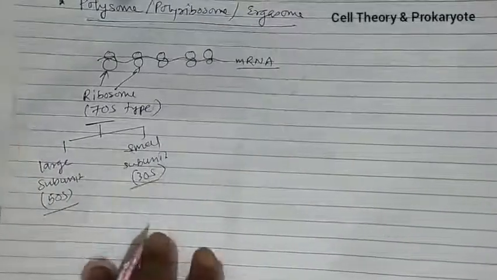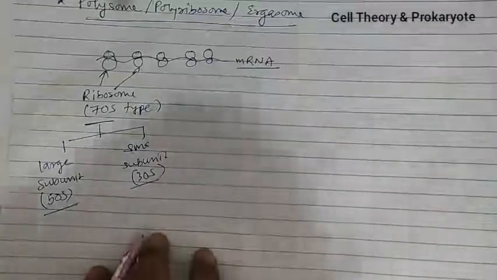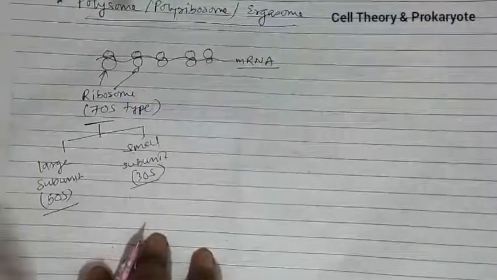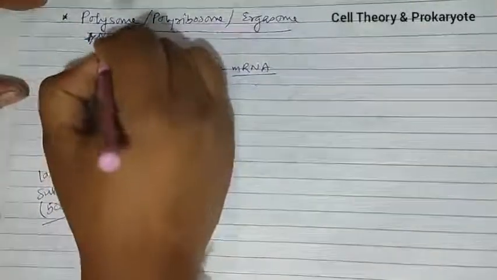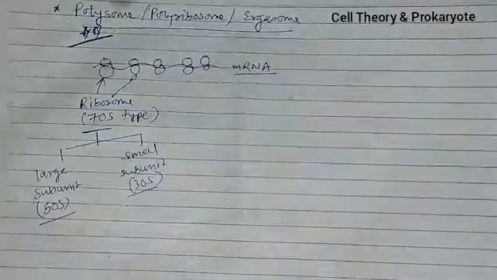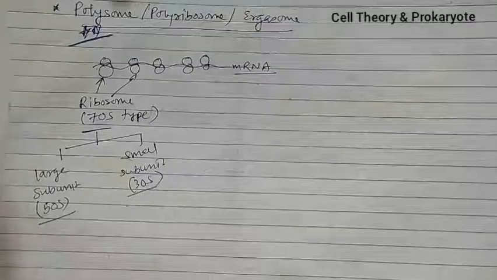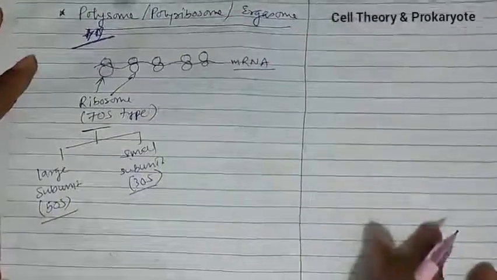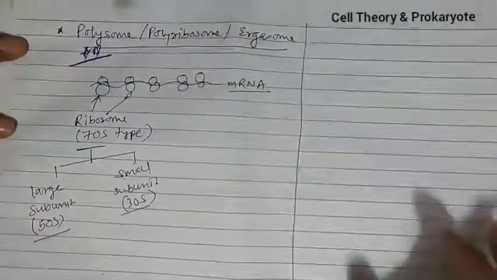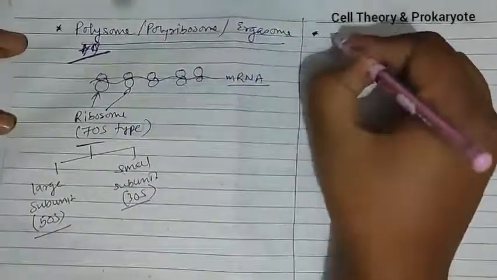So that is a 70S type ribosome present on the mRNA, many ribosomes, that is known as polysome or polyribosome. This is also an important question, because they usually ask it in NEET.